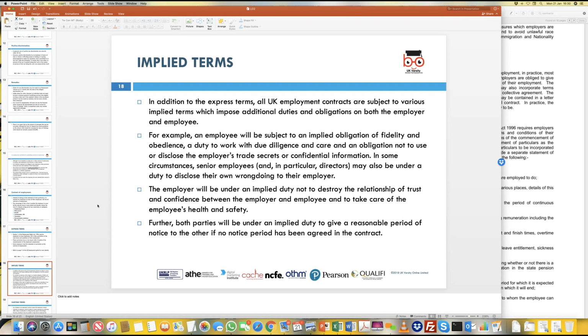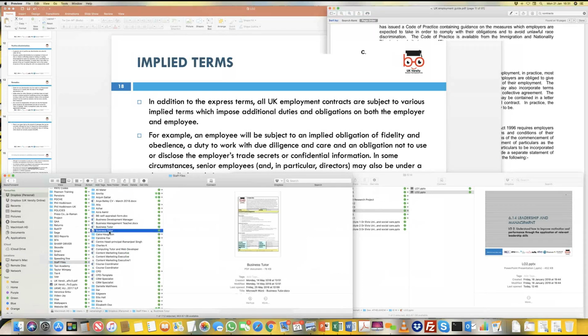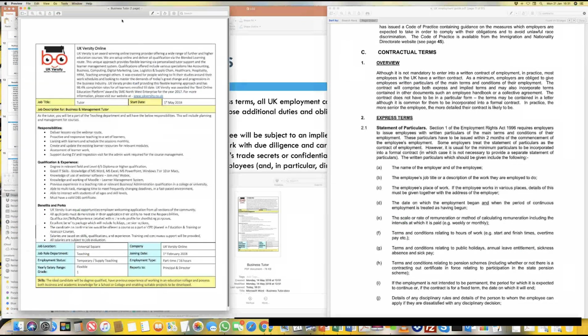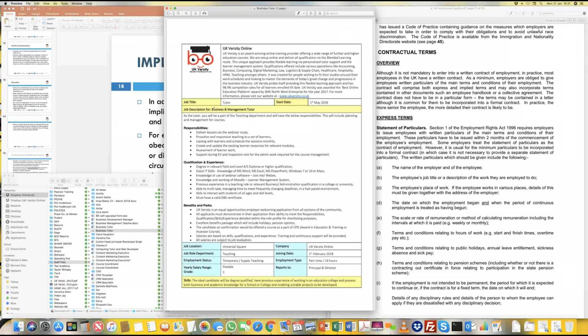Sometimes the job description says what you are being recruited to do. Let's look at a job description for my organization as an example, a job description for a tutor, say a business and management tutor. In this, I've defined the responsibilities of the tutor.